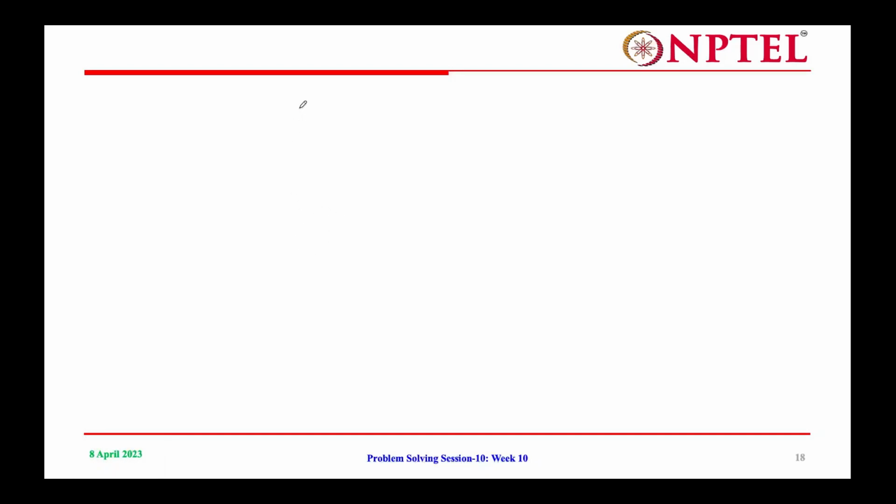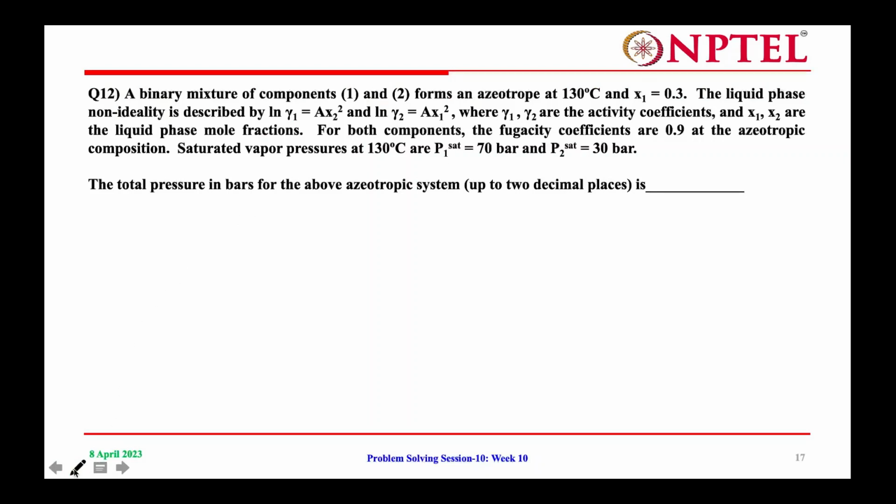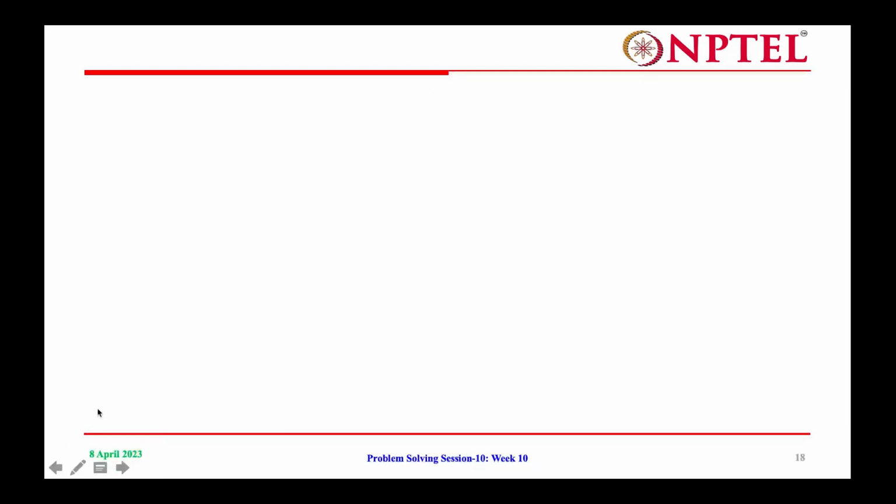So gamma 1 equals... Use equation 1 to calculate the total pressure.